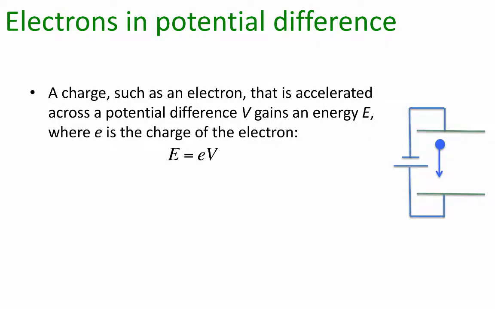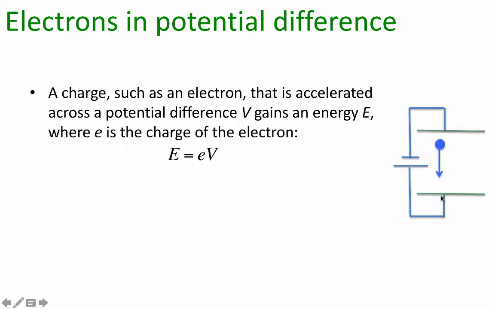Right, a charge like an electron that's accelerated across a potential difference V gets an energy eV, where e is the charge of the electron. Let's look at this picture on the right. If we had a battery here, where this is the positive and this is the negative side, we accelerate our electron by applying a potential difference.